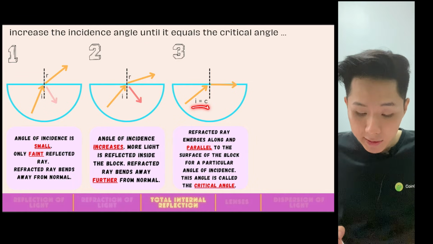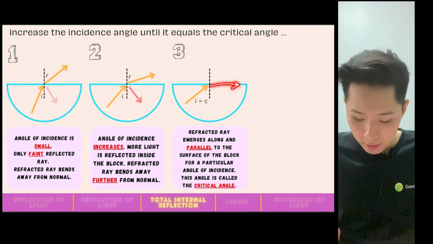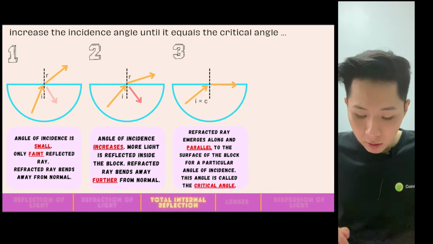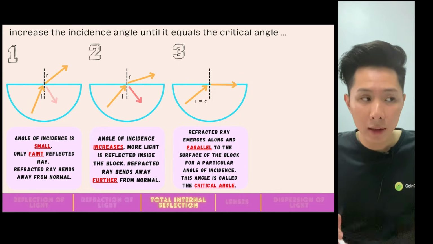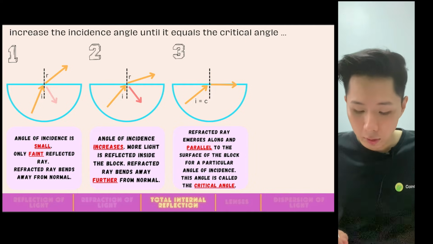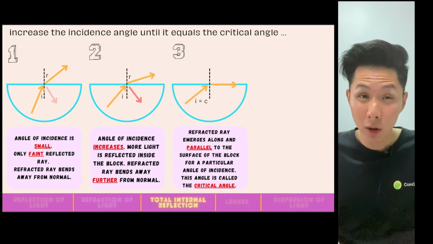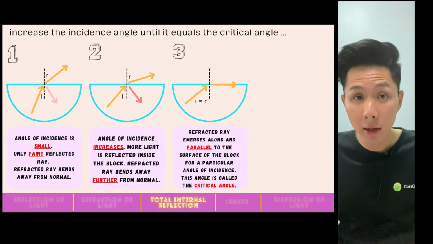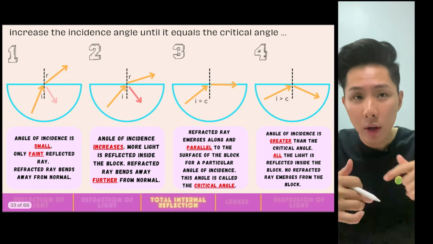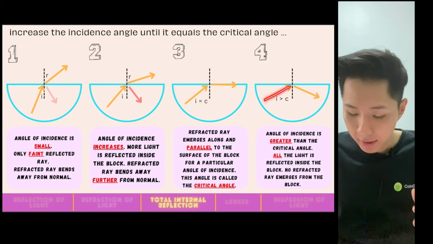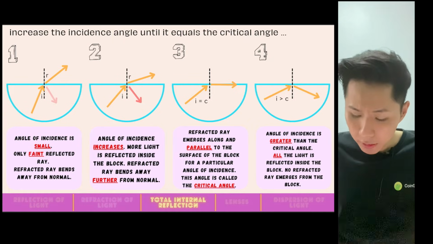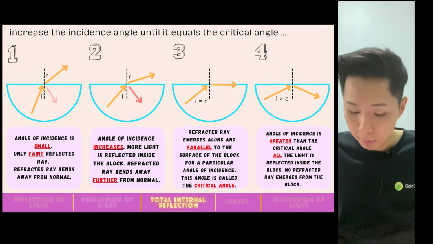This is when the refracted ray will lie entirely parallel to the surface. The incident angle needed for this phenomenon is called the critical angle, which I'll talk about more. And when you increase the incident angle beyond the critical angle, you're going to see that all the light is now reflected inside the block.